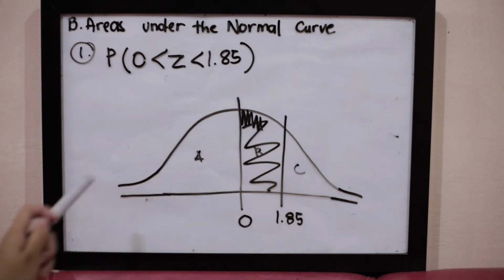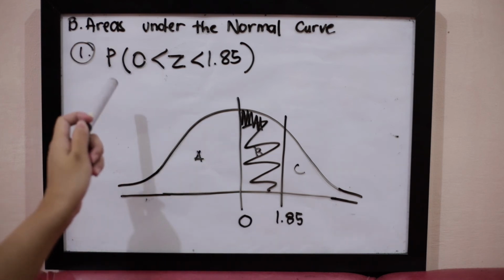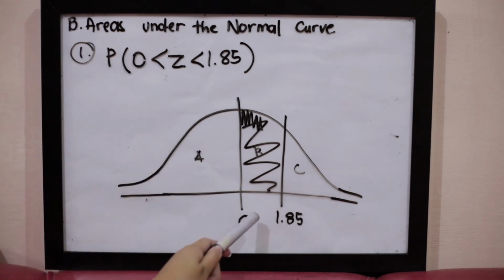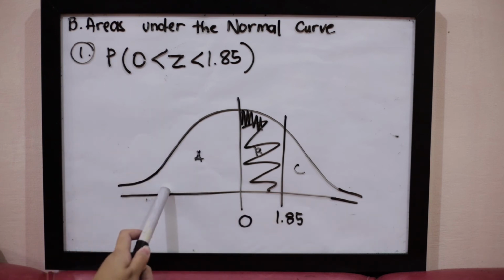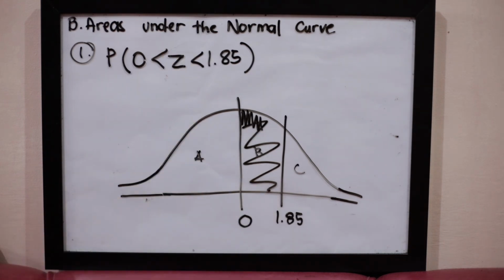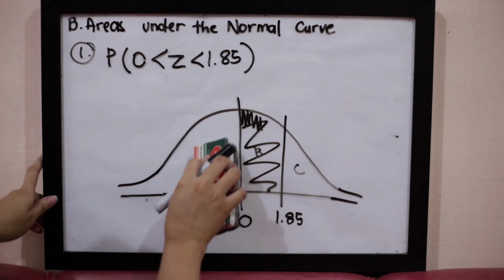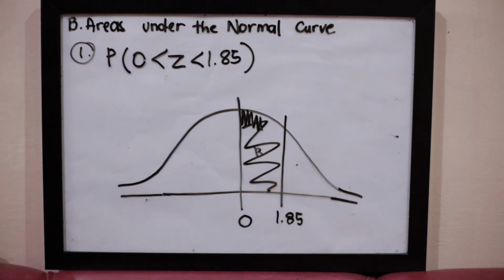Hindi din pwede sa left side ng 0 kasi ang sabi is, it should be greater than. And then, if that number is greater than 0, it should be a positive number. So, hindi din siya dito sa letter A. So, dito lang siya sa letter B. So, that is our shaded region. No need to write ABC. If you want, sige, you may, pero hindi naman necessary.